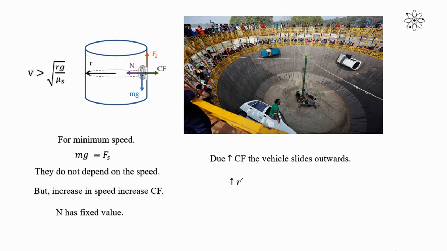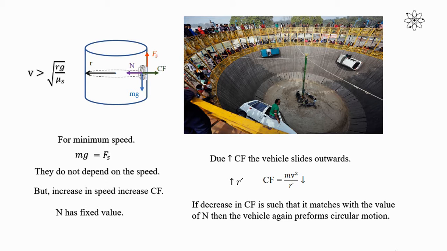Because of the increase in radius, centrifugal force decreases. If the decrease in centrifugal force is such that it matches with the value of N, that is the normal reaction, then the vehicle again performs circular motion.